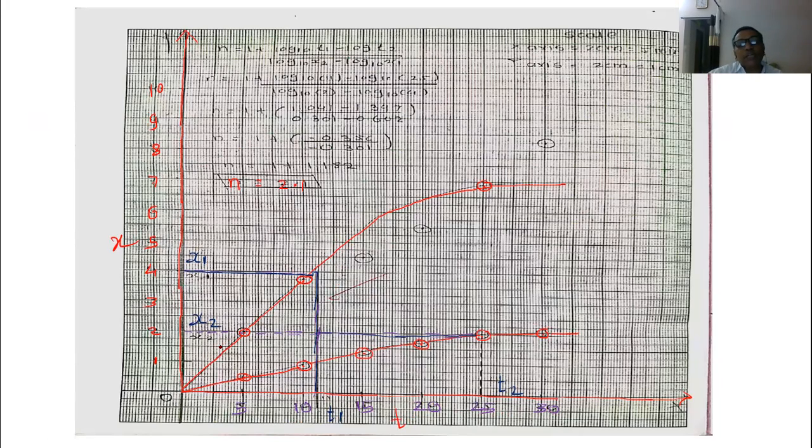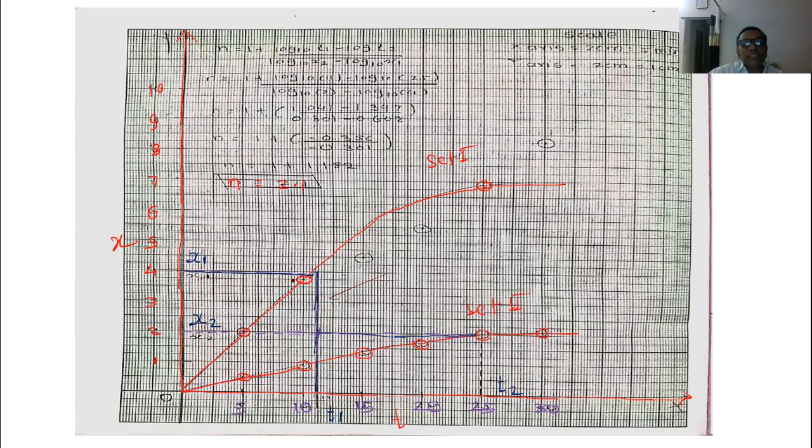So on the same graph we have to plot the two sets. This is, suppose, for set 1, this is the graph, and this is the graph for set 2. X means burette reading on the y-axis, and time t should be on the x-axis.